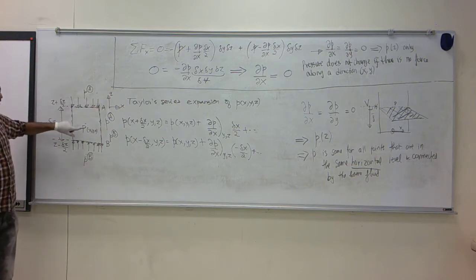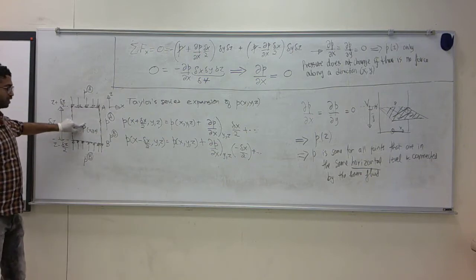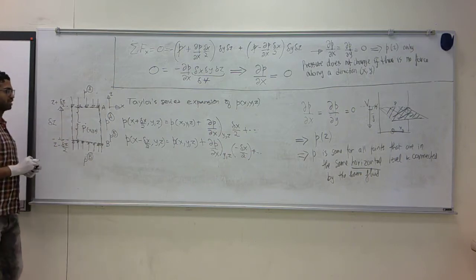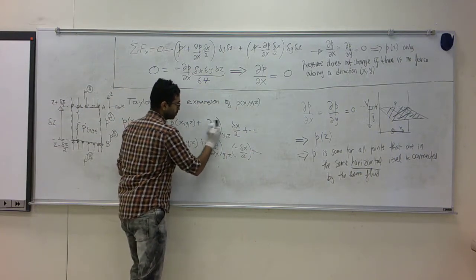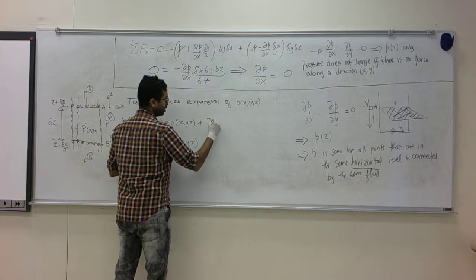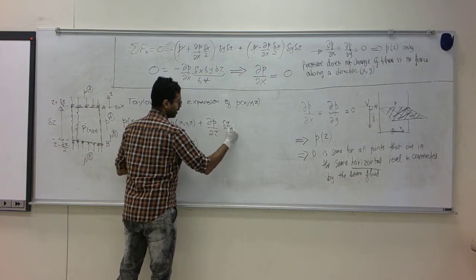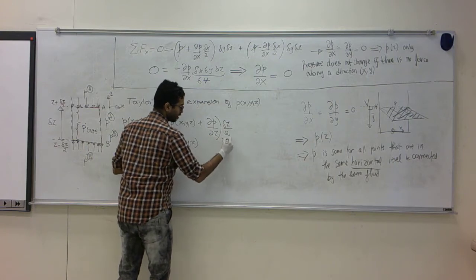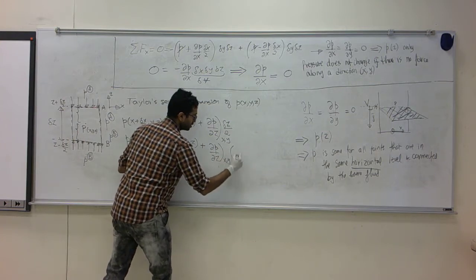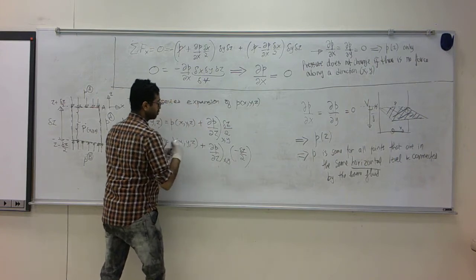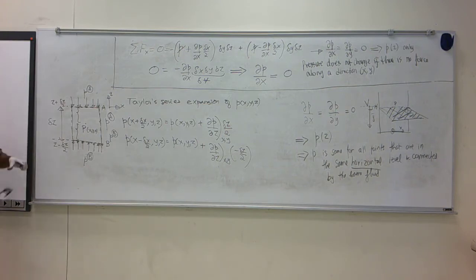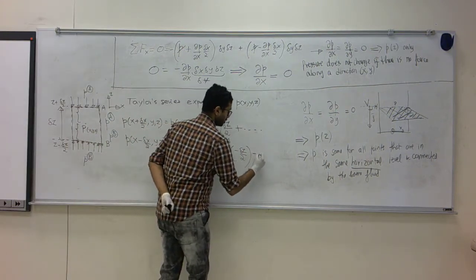So that would be P at x, y, z, or at this point, plus this height difference: dP over dz times delta z over 2, keeping x and y constant, plus dP over dz, keeping x and y constant, times minus delta z over 2. And then there are higher order terms that we ignore.